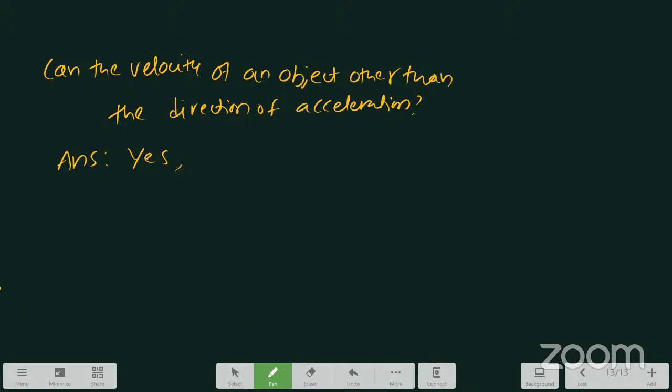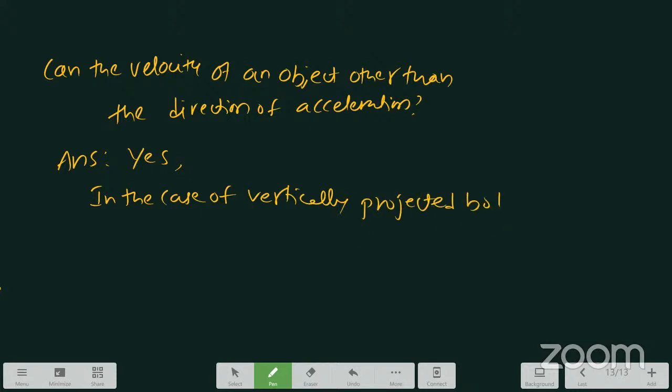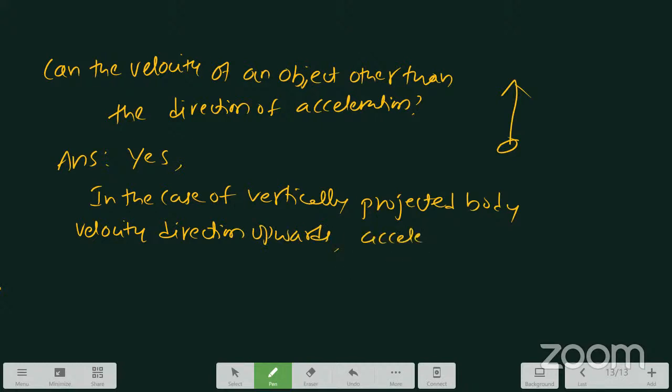Yes, in the case of a vertically projected body, velocity direction is upwards and acceleration due to gravity is downwards.